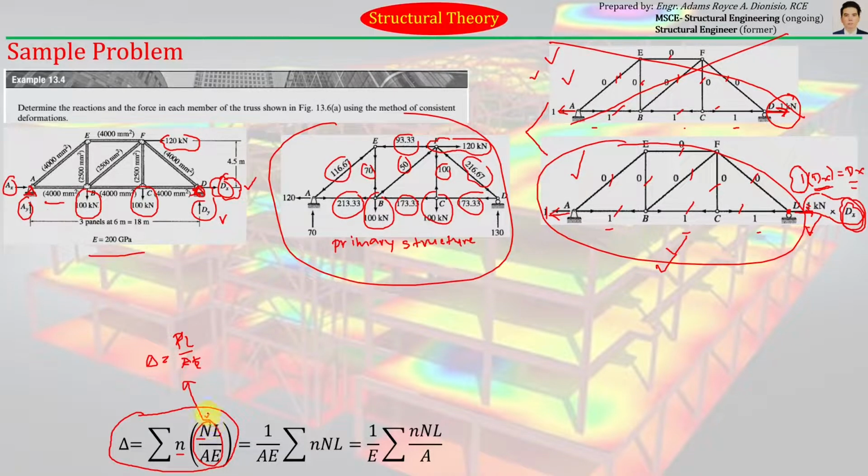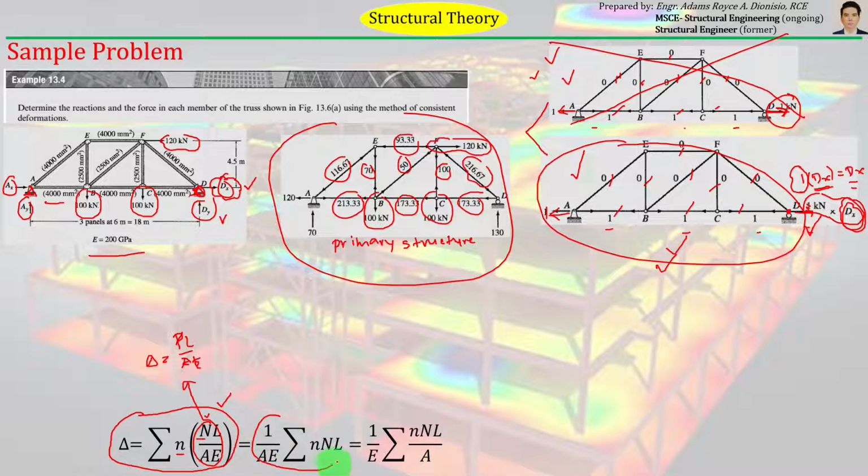We can also express this formula in terms of this if the corresponding cross-sectional area and the modulus of elasticity of each of the members of the truss are just the same.